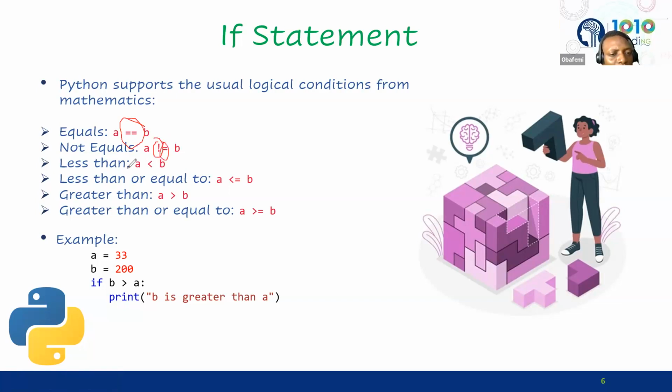Less than is A less than B, and less than or equal to is A less than equals to B. This is greater than or equal to. So that's how I write everything.